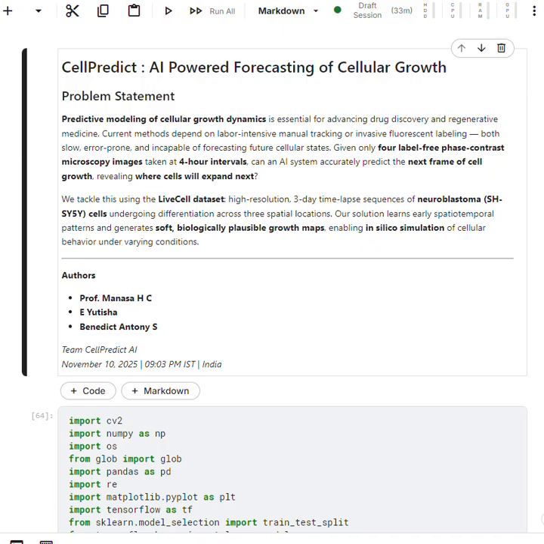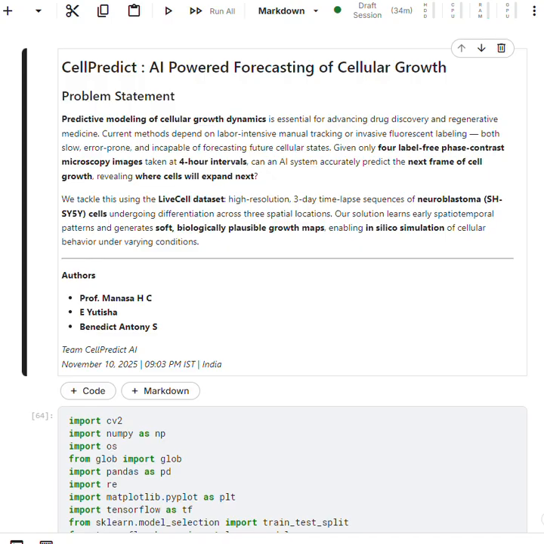So, for such a model that can identify or forecast the cell image that can depict the region of growth or the region of regeneration, hence the project CellPredict: AI powered forecasting of cellular growth.